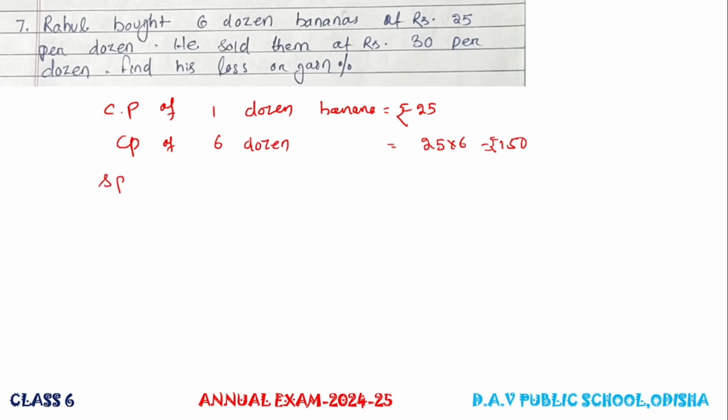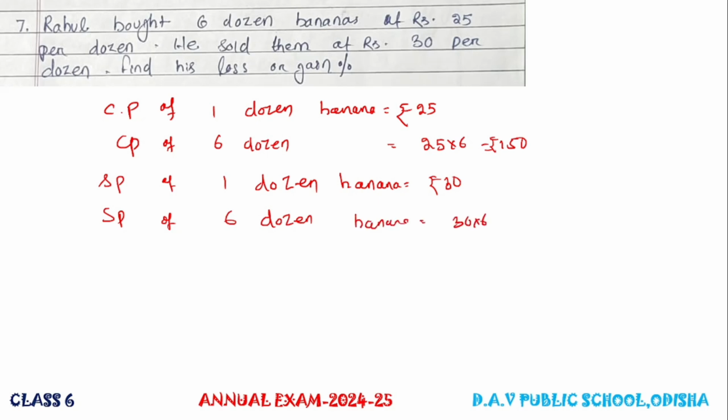Similarly, we can write SP of 1 dozen banana equal to how much? Rupees 30. So find SP of 6 dozen bananas, equal to 30 into 6, that is 180 rupees.